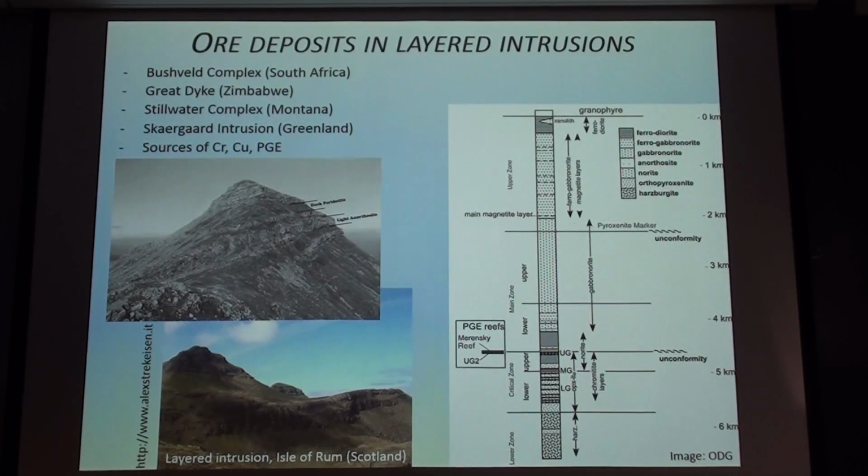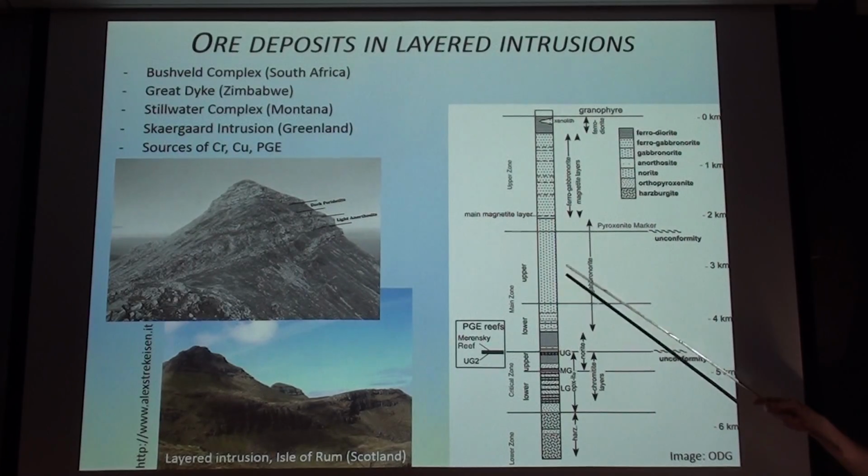And this is a section through the Bushveld complex with, as you can see, lower zones composed of harzburgite and orthopyroxenite, or mafic-rich cumulates. Then we have layers of chromitites, the famous Merensky Reef, which is an enriched, thick chromite and sulfide-rich layer.